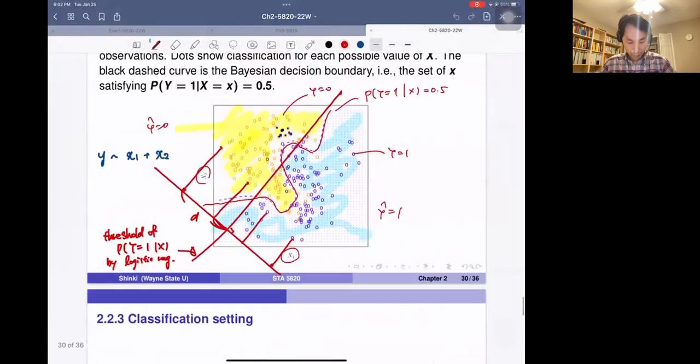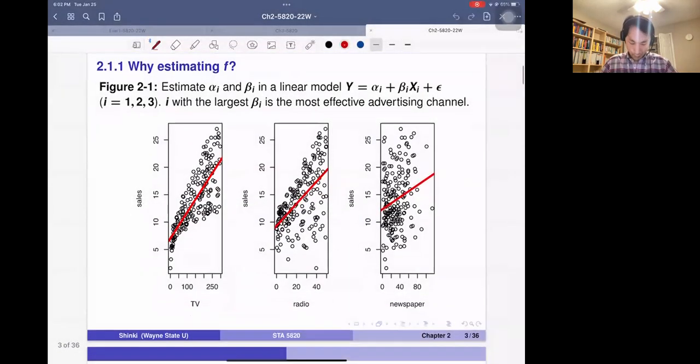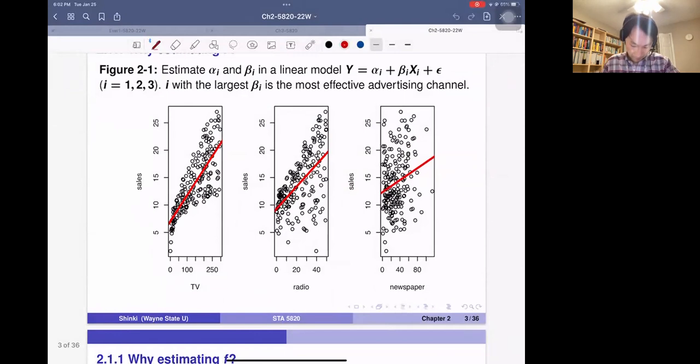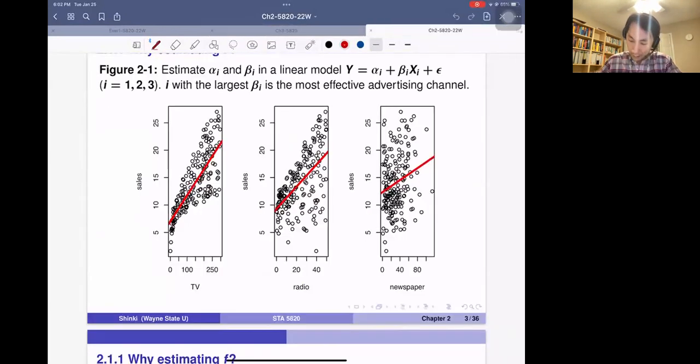I think somewhere we have some data set. It's not clear, but the line looks straight, while this result suggests that the quadratic term also matters.